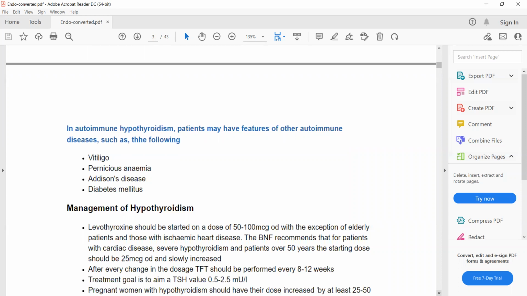Now, the management of hypothyroidism is levothyroxine. Levothyroxine is normally started at a dose of 50 to 100 microgram OD, while in elderly patients and those with ischemic heart disease, levothyroxine is started at lower doses, such as 25 microgram OD, and then it is slowly increased.